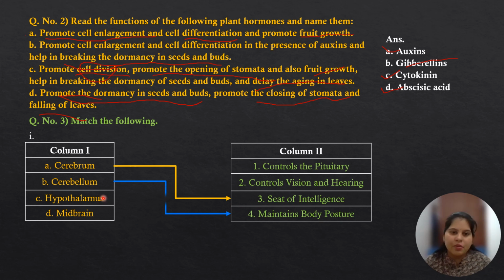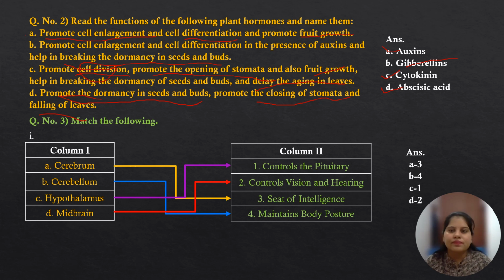Hypothalamus, secretions from the hypothalamus control the pituitary gland, and midbrain, it controls the vision and hearing in the human body.